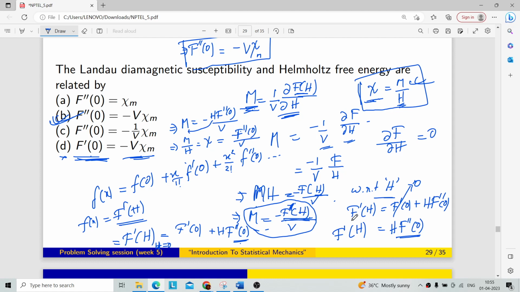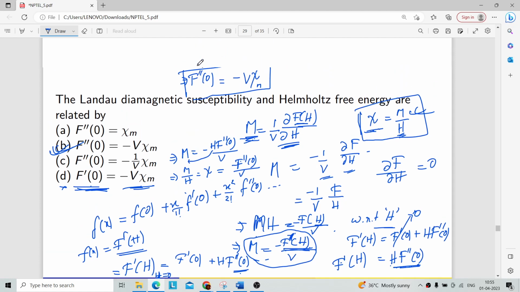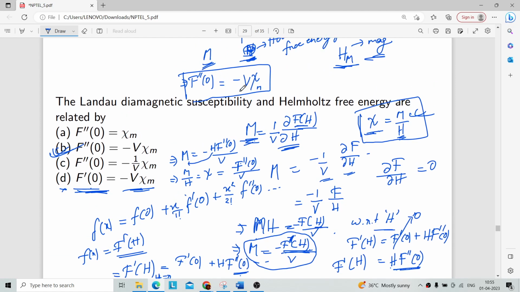From the saddle point approximation, the first derivative is 0. Then we will have this F prime of H as H F double prime. So we can substitute this, and finally we get F double prime 0 as minus V chi. This is the answer.